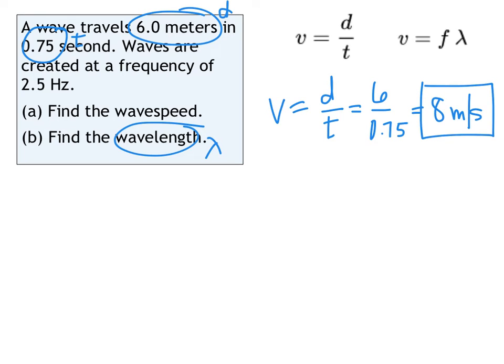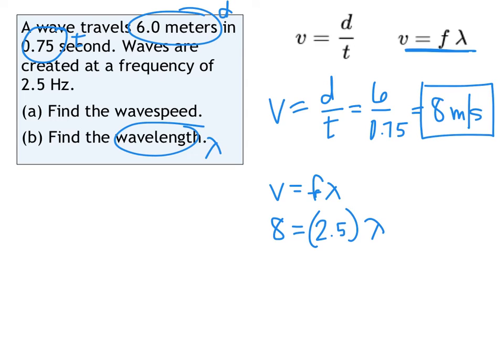Okay, so in order to find lambda, I'm going to have to use this second equation, which means I have to involve the frequency. So now I'll write v equals f times lambda. I'll use this speed that I just found, 8. I'll use the frequency, that's the hertz that was given in the problem, and then times lambda.